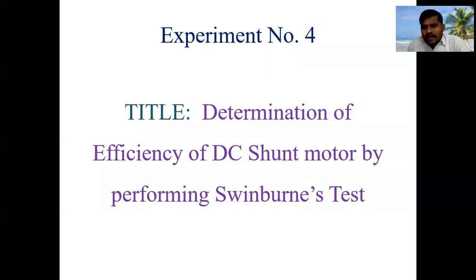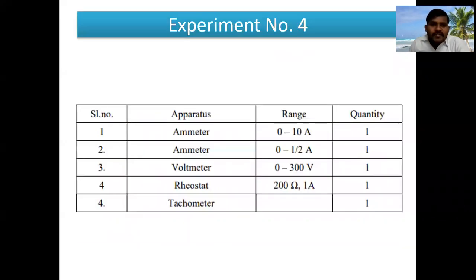We discussed it that time and we will discuss it today also. By performing the Swinburne test, we want to find out the efficiency of the DC shunt motor. DC shunt motor ची आपल्याला efficiency calculate करायचे by performing a Swinburne test. Swinburne test perform करून efficiency find.